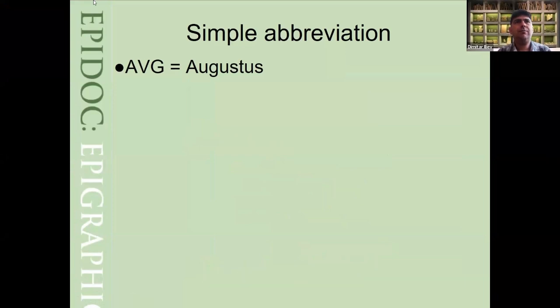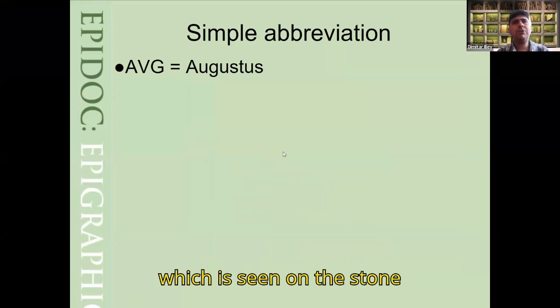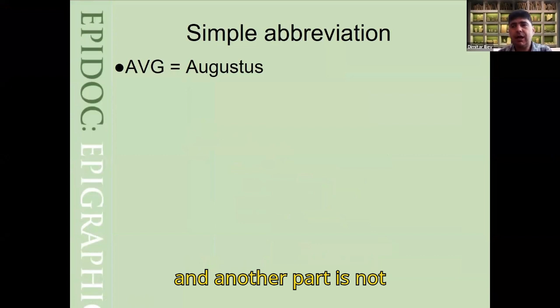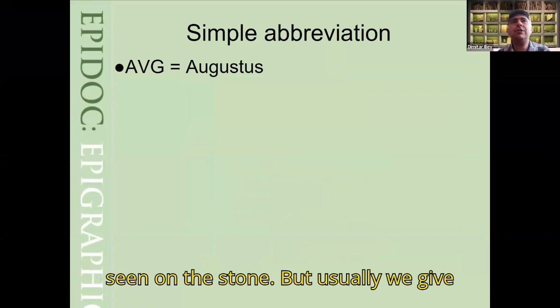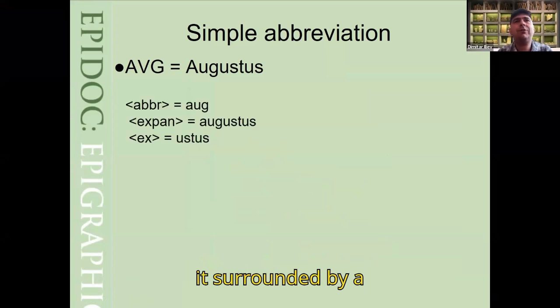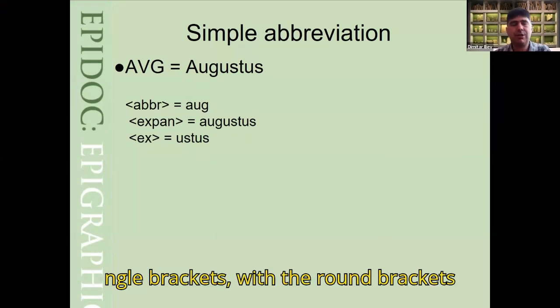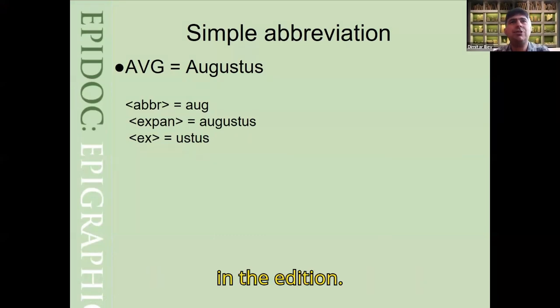Let's start with the simplest case. Usually you have an abbreviated word, a part of which is seen on the stone, and another part is not seen on the stone, but usually we give it surrounded by angle brackets with round brackets in the addition.